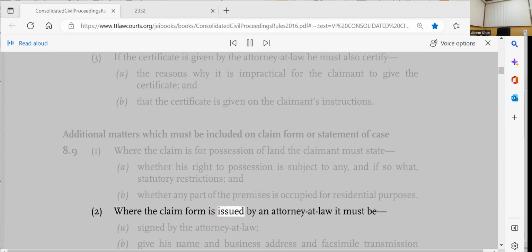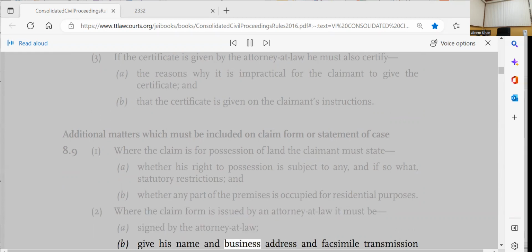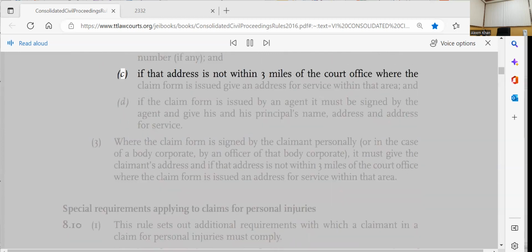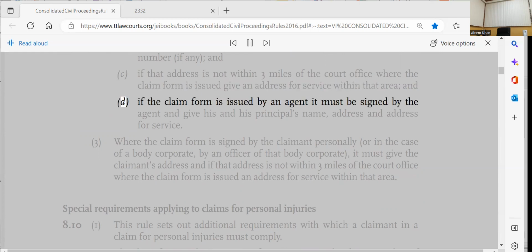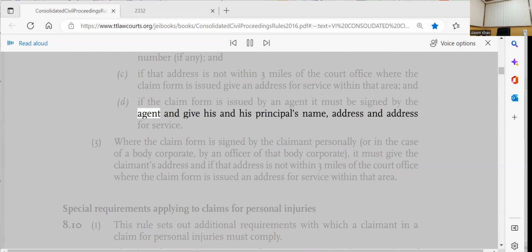Where the claim form is issued by an attorney at law, it must be a. signed by the attorney at law, b. give his name and business address and facsimile transmission number, if any, and c. if that address is not within 3 miles of the court office where the claim form is issued, give an address for service within that area, and d. if the claim form is issued by an agent, it must be signed by the agent and give his and his principal's name, address, and address for service.